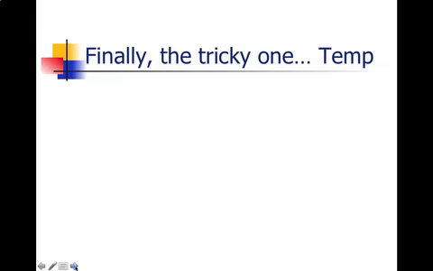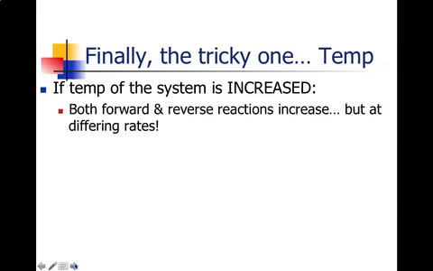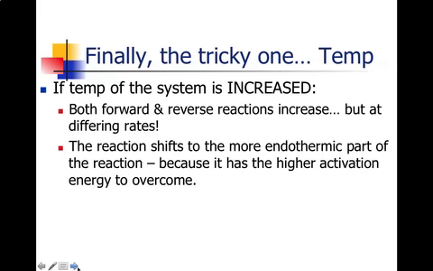The temperature can be tricky because we need to think of our enthalpies from 2 units ago. If the temperature of a system is increased, both the forward and reverse reactions increase, but at differing rates. The reaction shifts to the more endothermic part of the reaction because it has the higher activation energy to overcome.